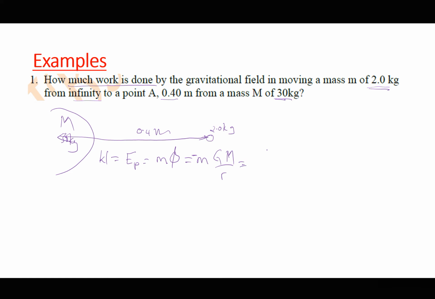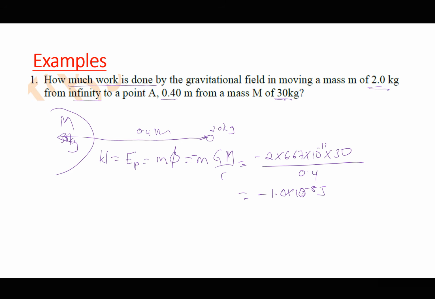So this will be equal to negative 2 times 6.67 times 10 power negative 11, multiplied by the large mass, which is 30, divided by the distance, which is 0.4. And when I press my calculator, I am getting negative 1.0 times 10 power negative 8 joules.